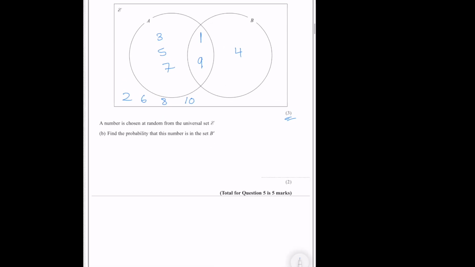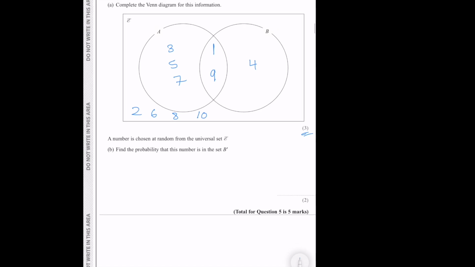All right, so now let's answer the question. That's already 3 marks. A number is chosen at random from the universal group. So this will always give you your denominator. Here is your denominator. Right, so your denominator is all the numbers.